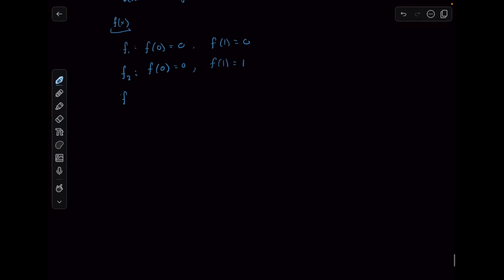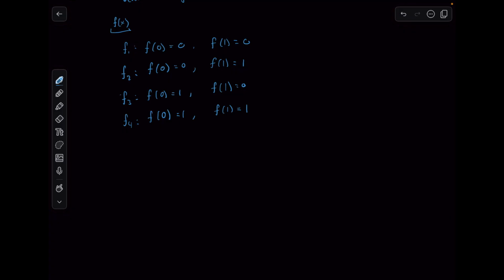Or we could have the reverse. f of 0 is equal to 1, and f of 1 is equal to 0. And then finally, the last possibility is that f of 0 is equal to 1, and f of 1 is also equal to 1.